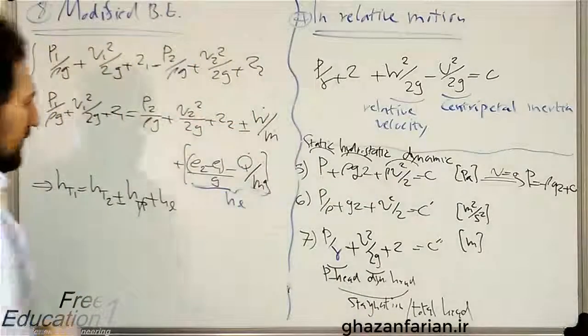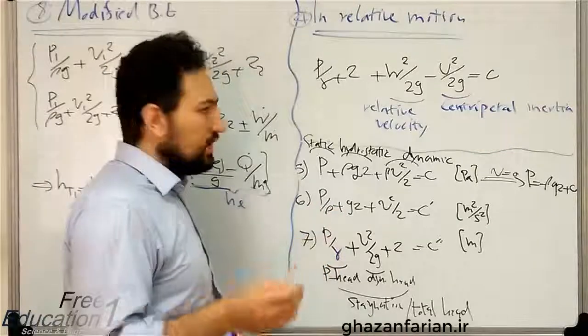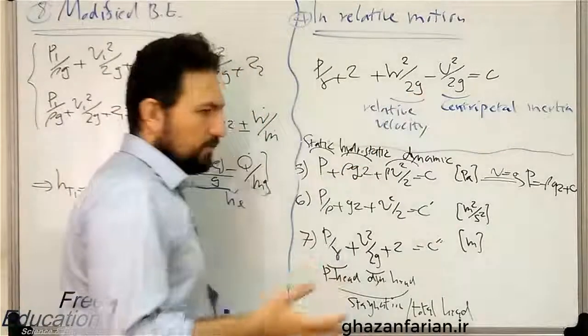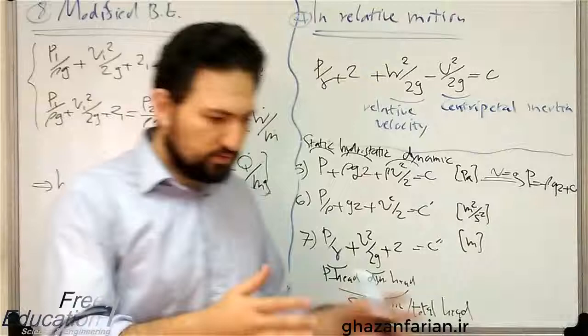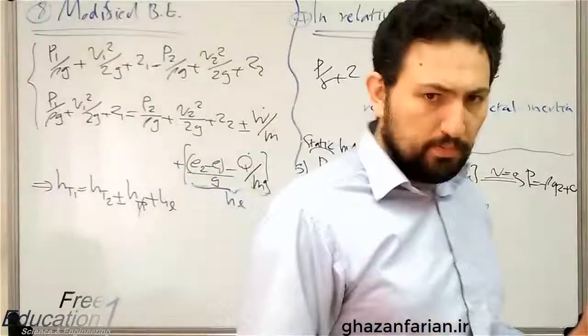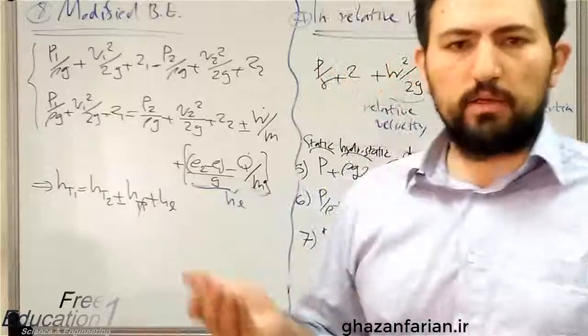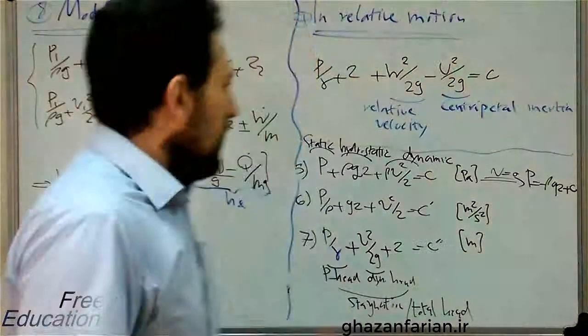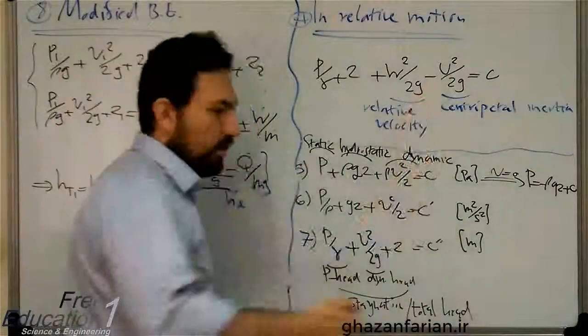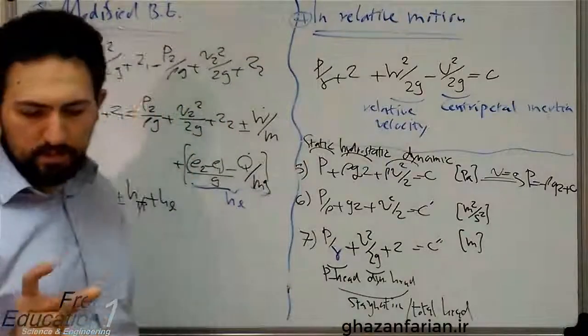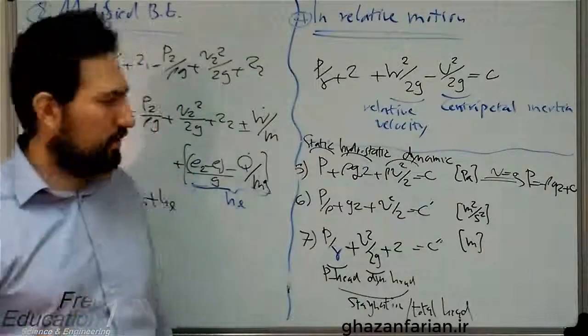Here we have, as I told you, three velocities. U is the velocity of the motion of frame. For example, in a centrifugal pump, the impeller rotates with a specific angular velocity. So U is the peripheral velocity, which is the product of the radius and the angular velocity.